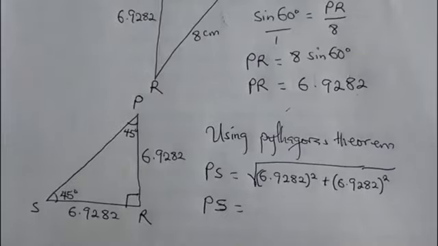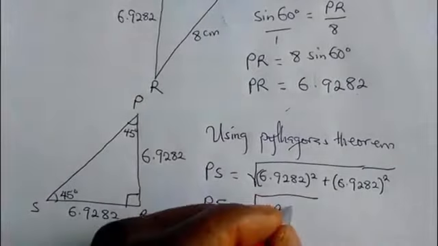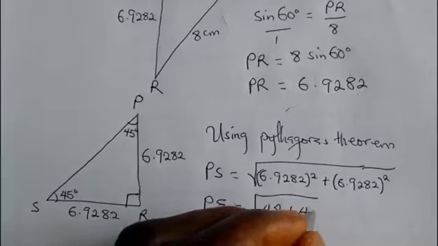When you square 6.9282, we are going to get 47.99995. So approximately at this point we can take 48. The same thing with this one, plus 48.